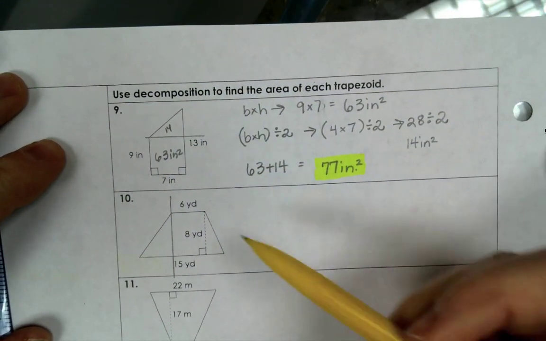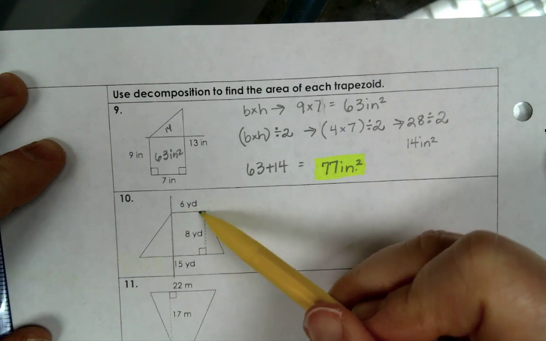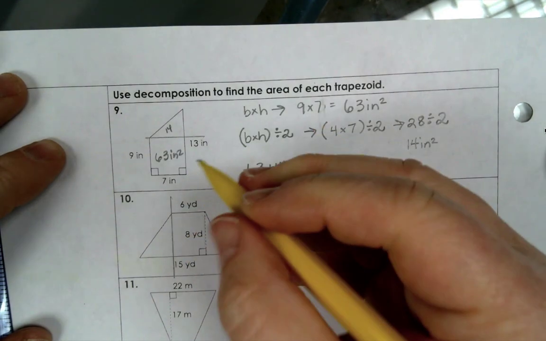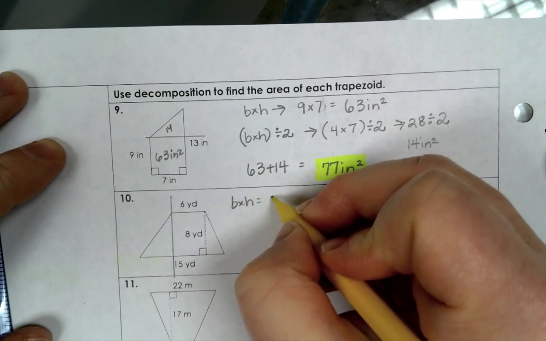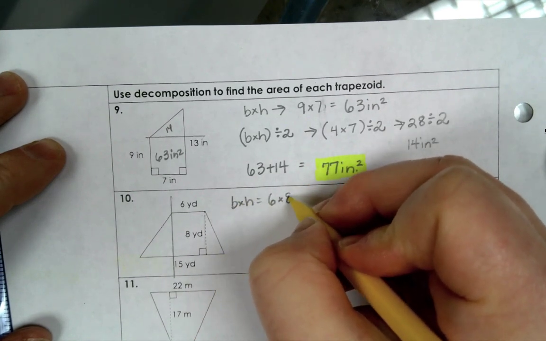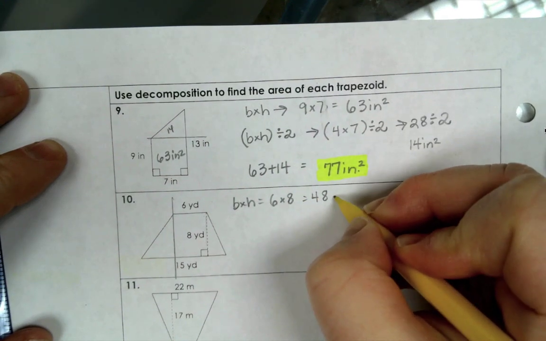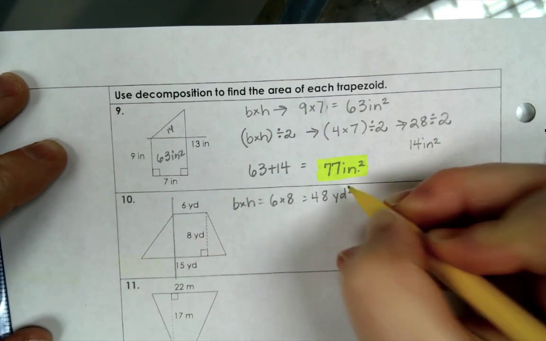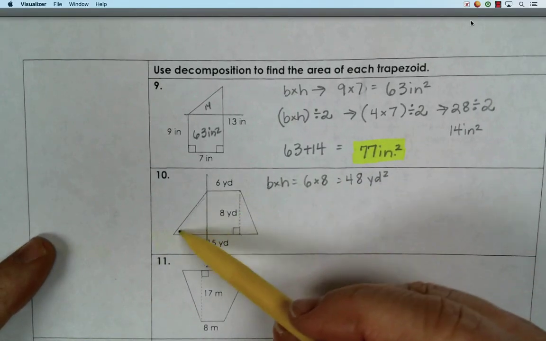So my rectangle base is 6, height is 8. So base times height equals 6 times 8, which is 48 yards squared.